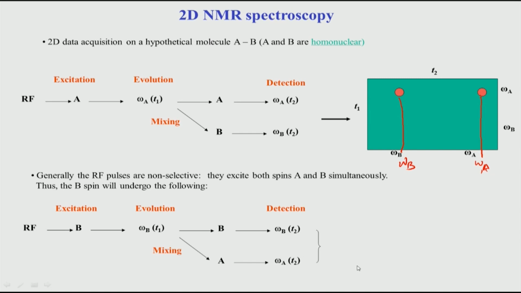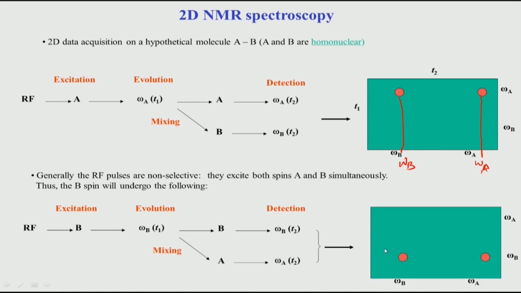So, now let us see how the Fourier transform happens. As shown in this picture, T2 is on the horizontal axis and T1 on the vertical axis. Now, during T1 it is B and during T2 it is B. Both are the same, B and B, so that will be this peak here, which corresponds to B on this side and B on this side.